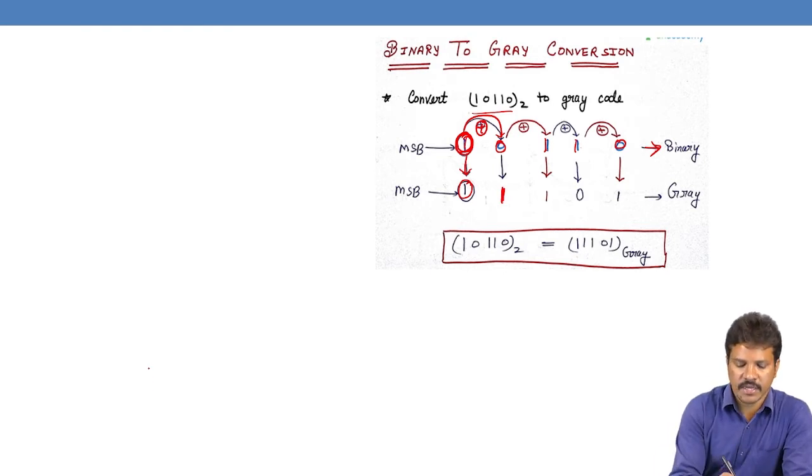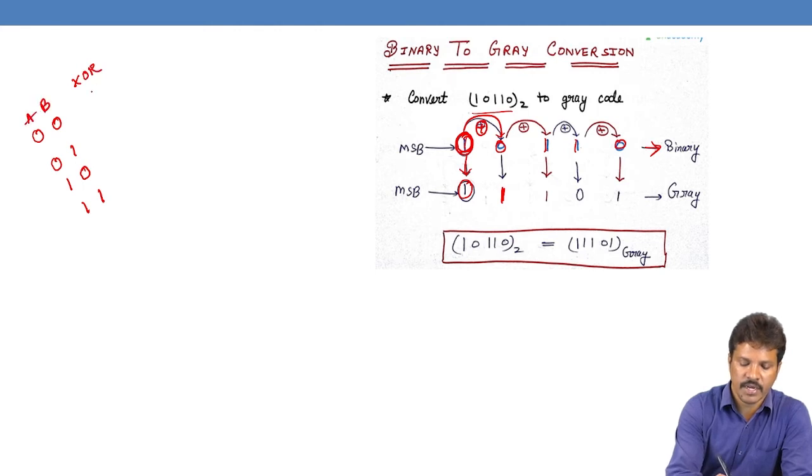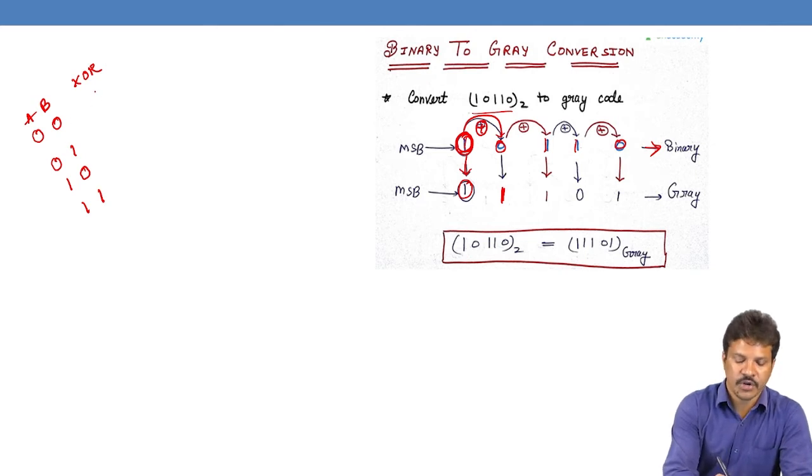What is the XOR operation? If we see the table, any two bits 00, 01, 10, 11. For example, bit A and bit B, what is A XOR B? 0 XOR 0: if both inputs are the same, the output will be 0.